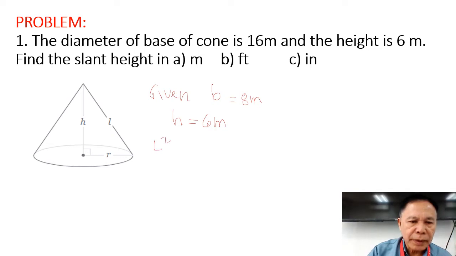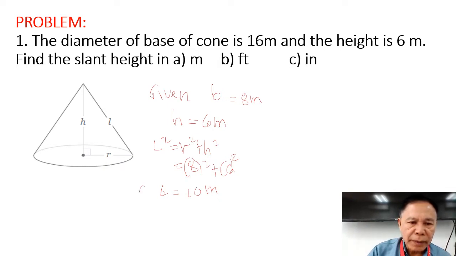L squared is equal to r squared plus h squared, or equals 8 squared plus 6 squared. Simply, your L becomes 10 meters.